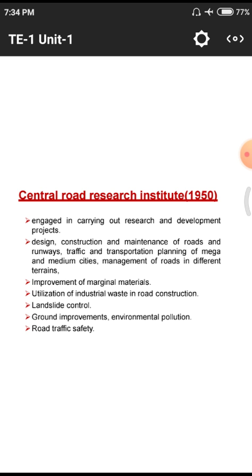Next one is landslide control. Nowadays we are seeing landslides in so many countries due to natural climatic changes. That means huge amounts of floods and rains coming in Kerala and Assam, and in foreign countries like Japan and Hiroshima.